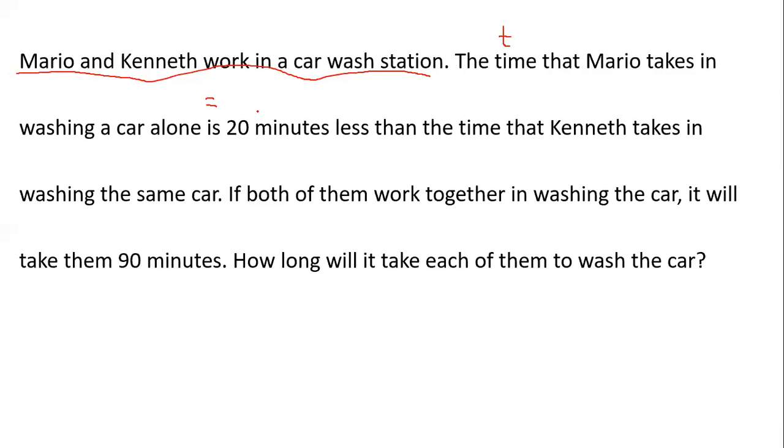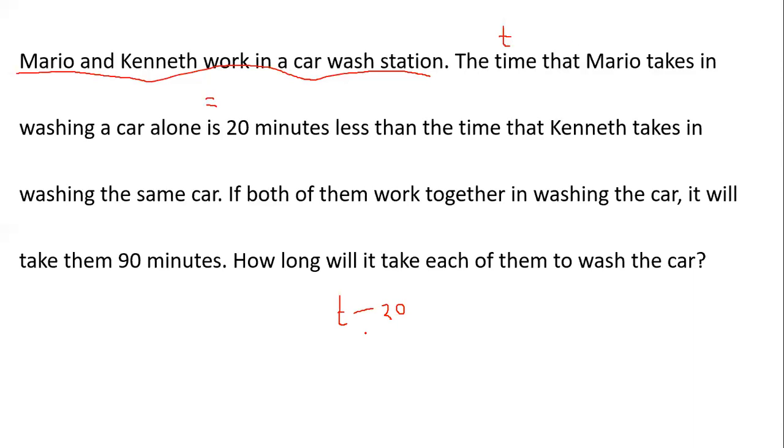Sabi ko po kanina, magkaiba po ang word na less sa less than. Bakit? Ito po yung gusto kong ipaliwanag sa inyo kanina. Pag sinabi po nating 20 minutes less than the time, meaning we are going to take 20 minutes from a certain time.